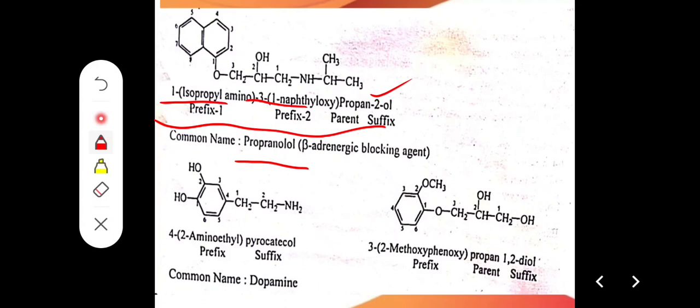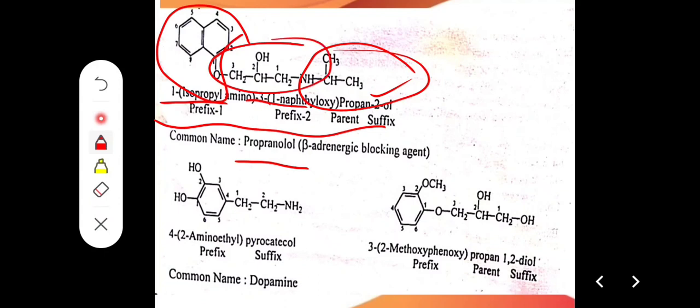One is the isopropylamino group. This is the isopropylamino group. One is the naphthyloxy group. This is the naphthyloxy group. And propan-2-ol. If we consider the compound, we can divide it into 3 categories.